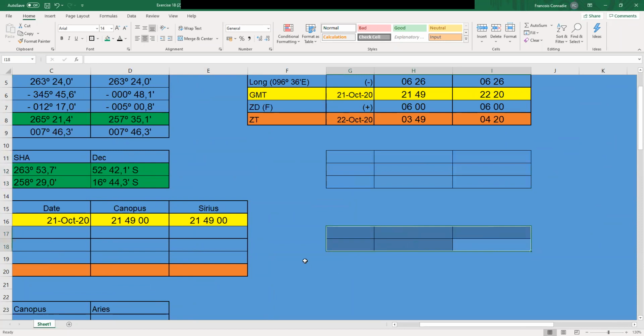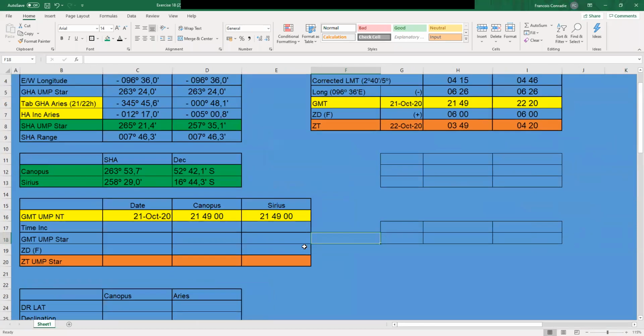We're going to have to interpolate again with the time in this case. We have a total range, and we're going to have to look at SHAs now, and then use that to calculate the time increment. Now it's very important.